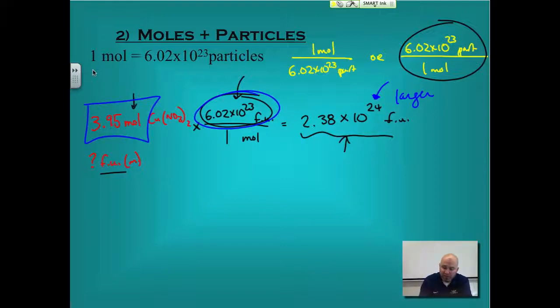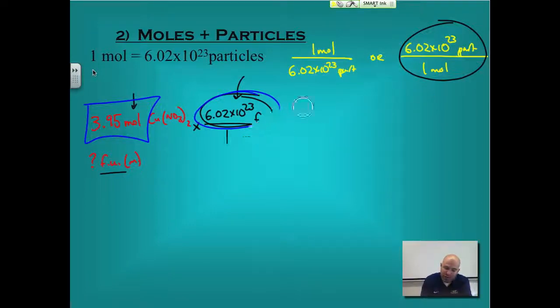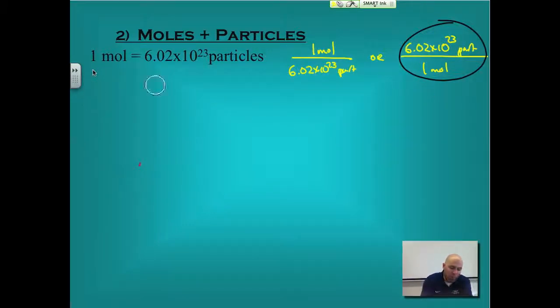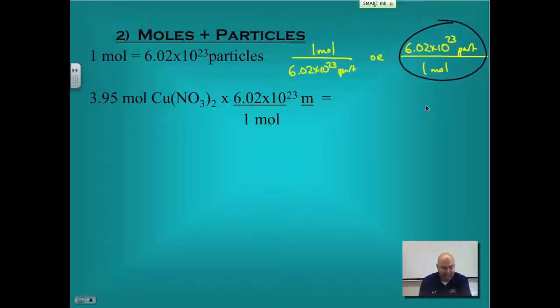So there's my conversion, using my unit equalities for a moles and particles conversion. Obviously, I don't want to spend too much time reviewing, and I'll do that in a review, but I could do the vice versa. I could go from particles to moles, okay?